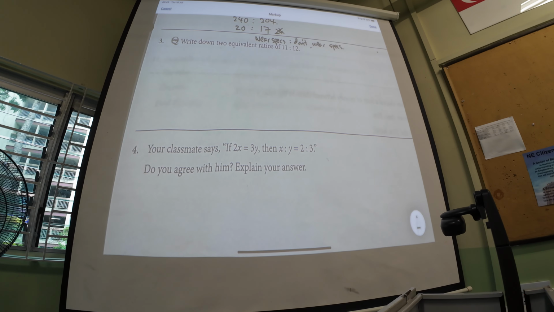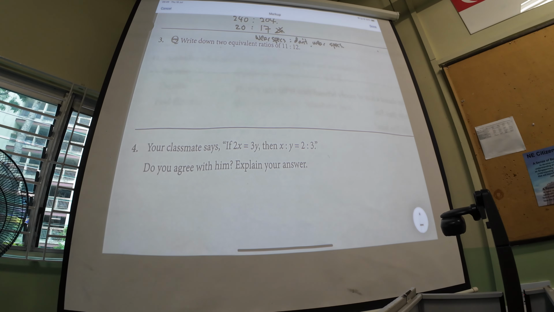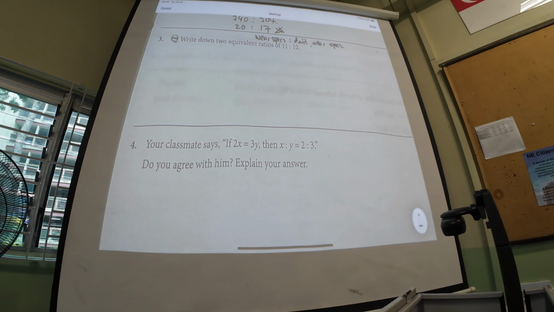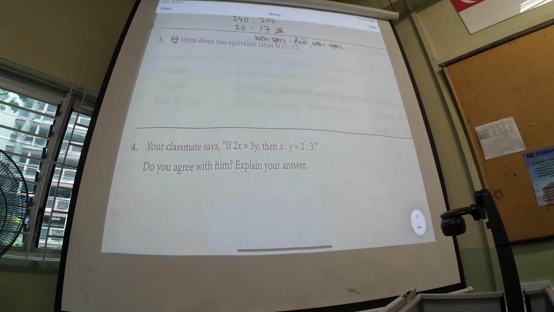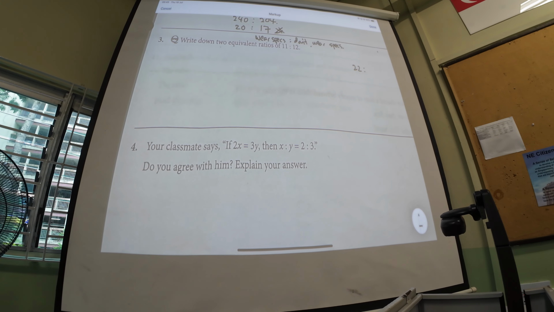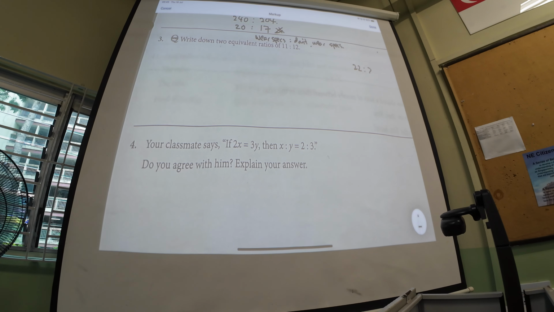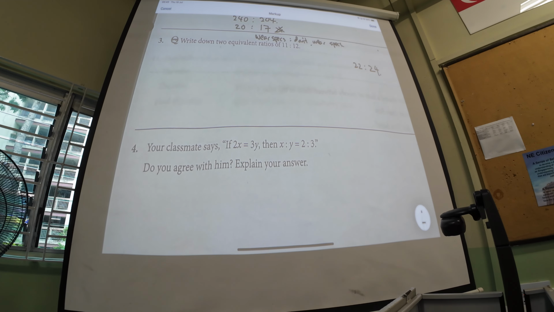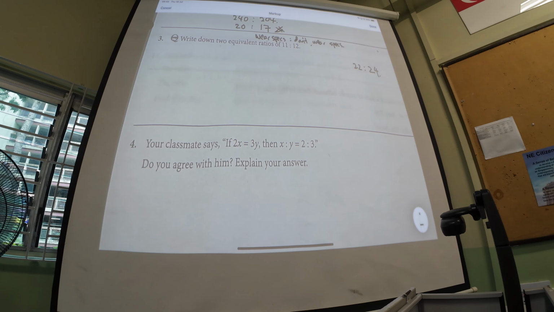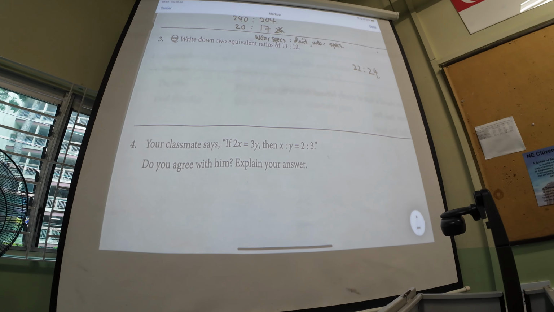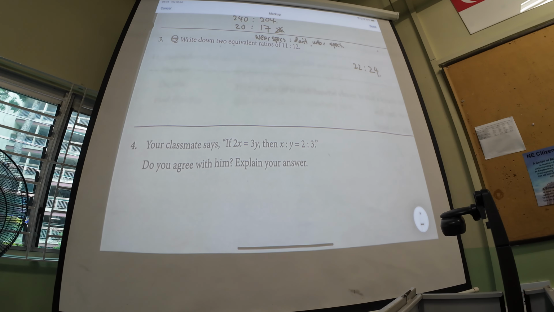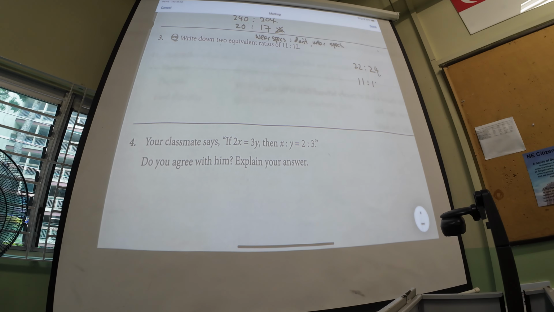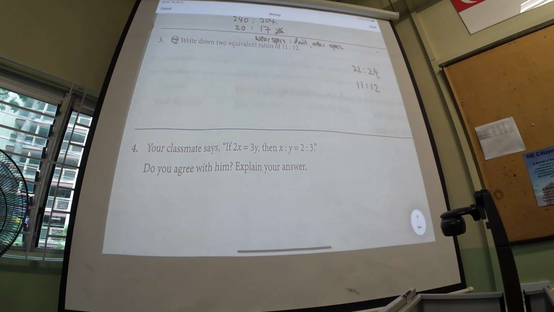So let's say we are talking about one class. Then inside the class, the ratio of those who wear specs to those who don't wear specs is 22 is to 24. Then you will get the ratio as 22 is to 24. But when we simplify it to the simplest, both sides divided by 2, it will be 11 is to 12.